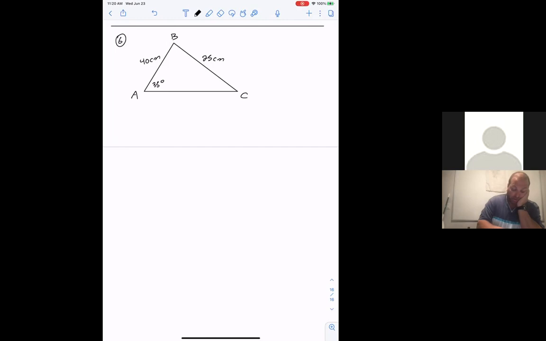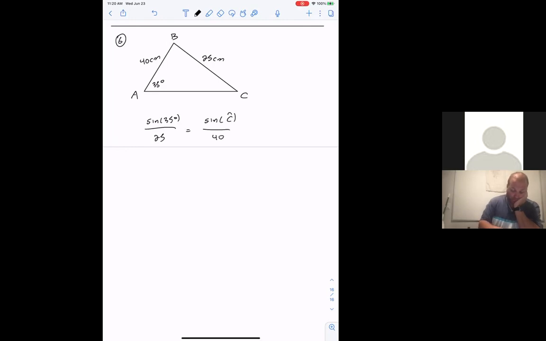I think the law of sines is just a little bit easier. So since we have the pair right there, let's find angle C. So we're looking for an angle. Sine of 35 degrees over 25 equals sine of the currently unknown angle C over 40.